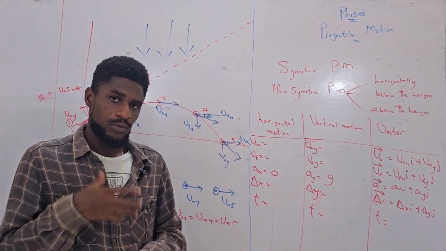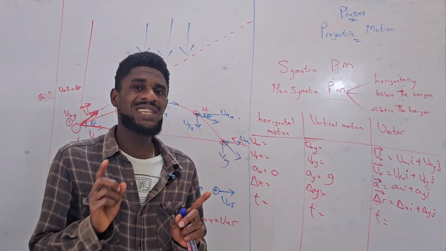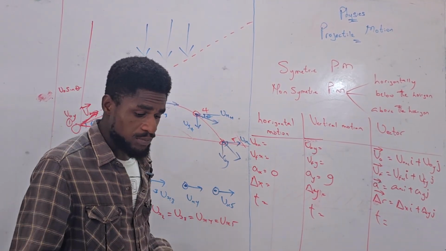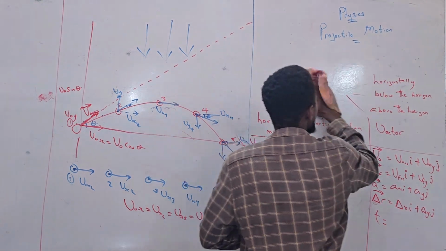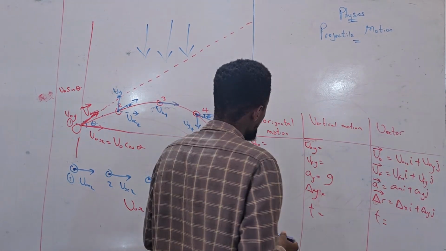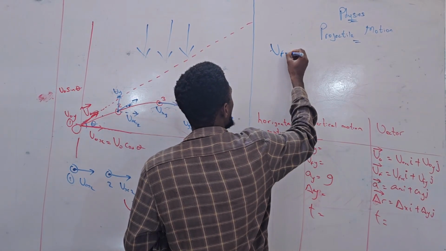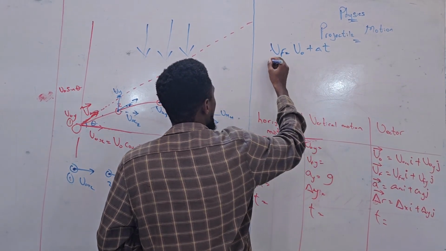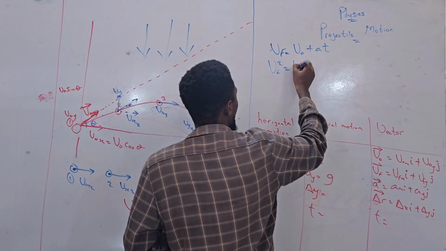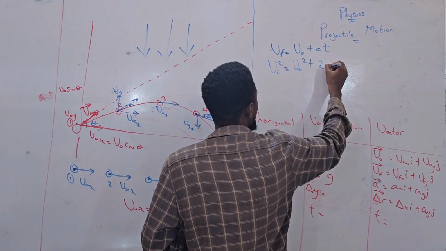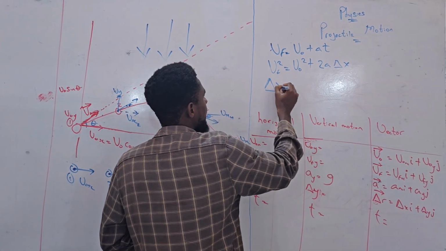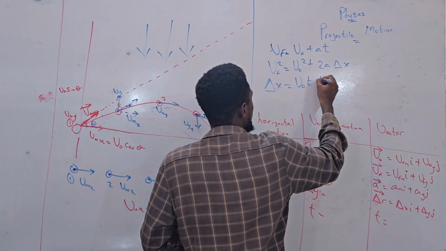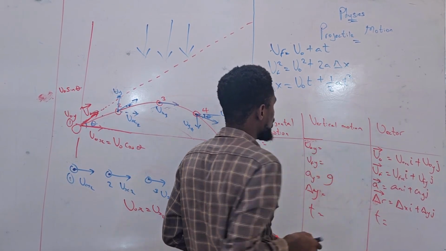Now, remember, we talked about motion under constant acceleration, where we look at our equations of motion. The first equation of motion we looked at is V final equals V initial plus AT. V final squared equals V initial squared plus 2A delta x, and delta x equals V initial t plus half AT squared.